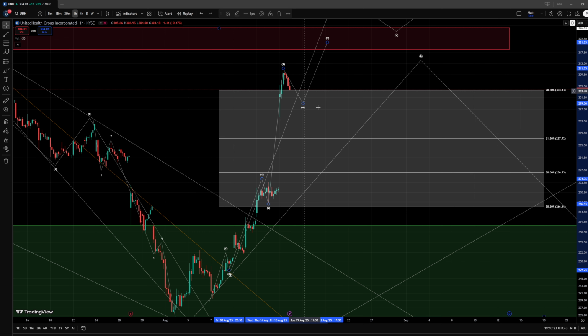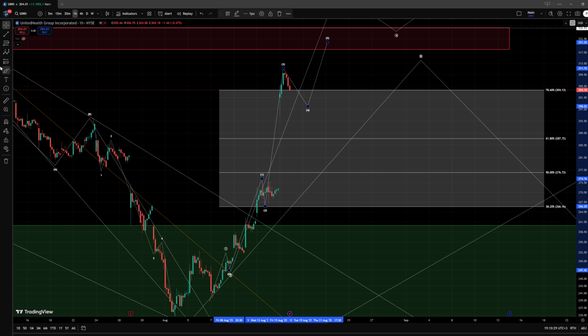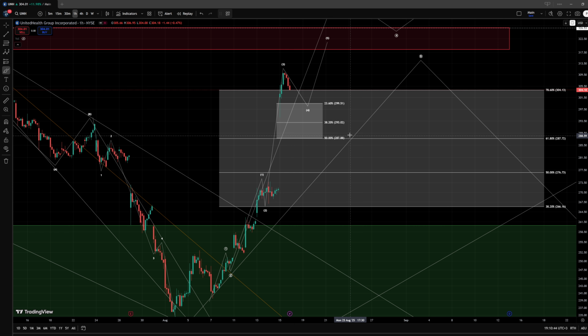And for support in the 4th wave that would follow, I would be looking at the area, let's see, for white, $299.5 down to around the $288 level. A break below the 50% retracement here would be invalidation of this interpretation.